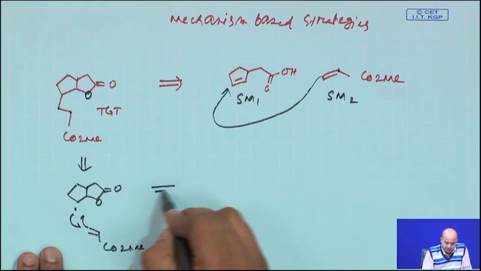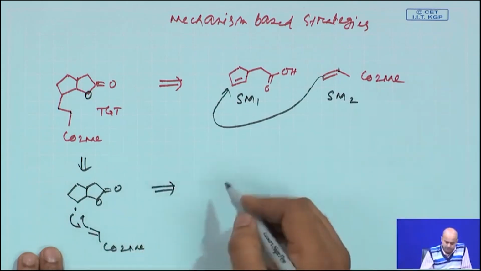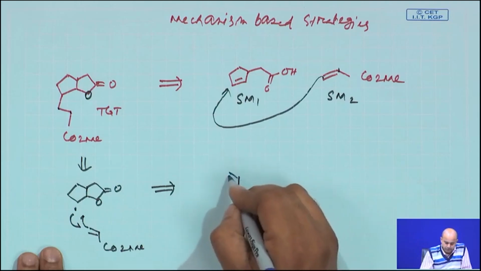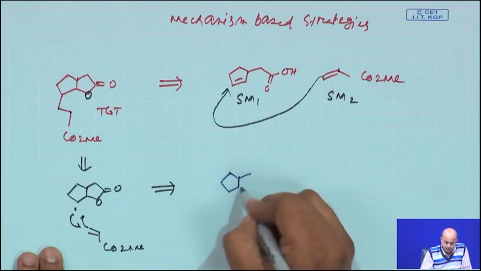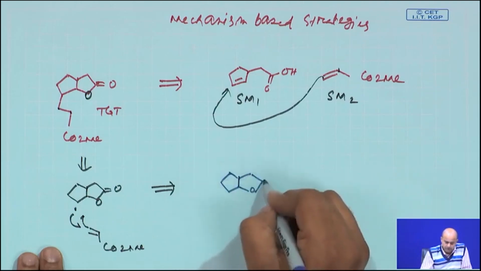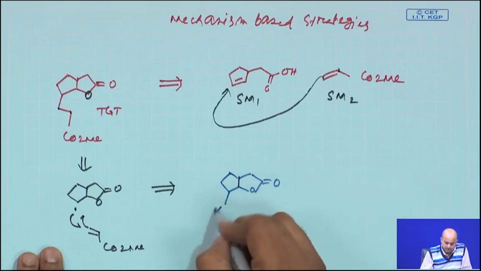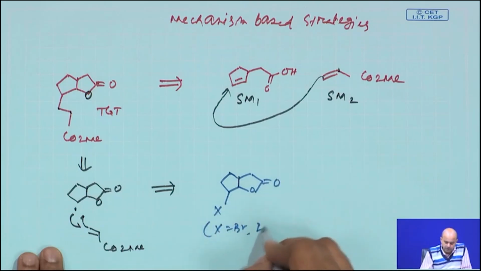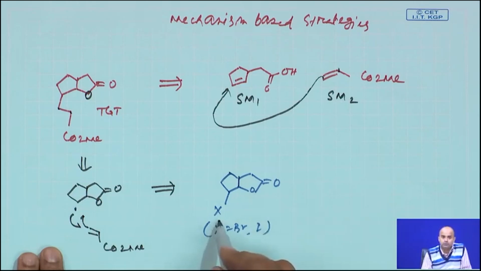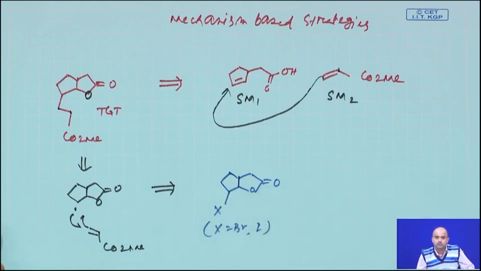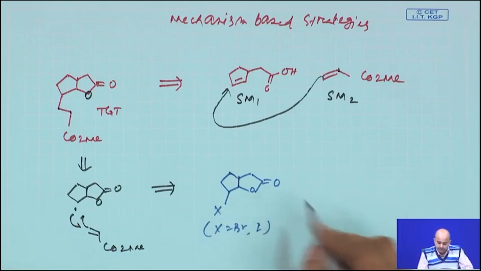Now, this chemistry we have already explained to you earlier, how you can generate a radical if X is bromo or iodo. I said if you treat this compound with Bu3SnH and AIBN, you can get a radical here. Okay, in particular, redundant functionality we have talked about.